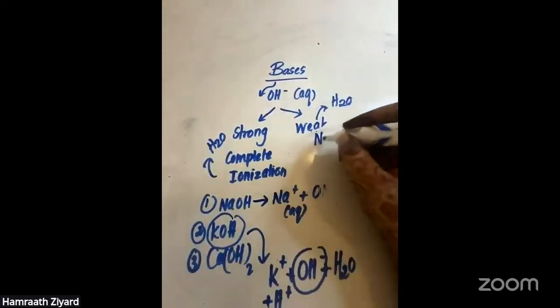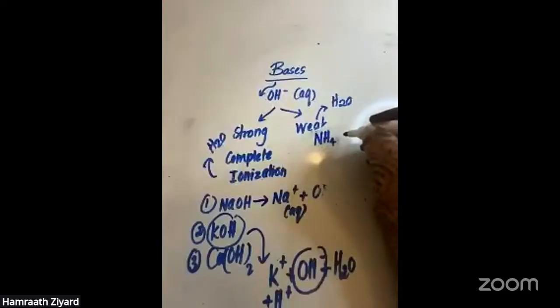If it comes with the ammonium hydroxide, can you tell me what ions and compounds will be present in the ammonium hydroxide?